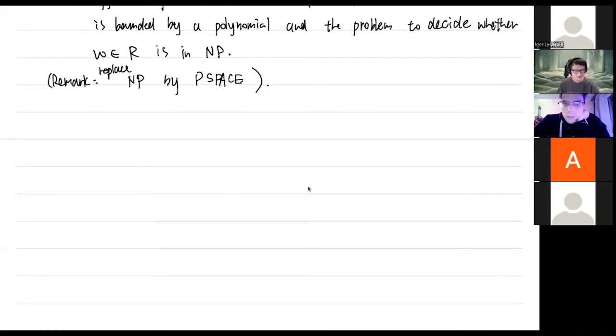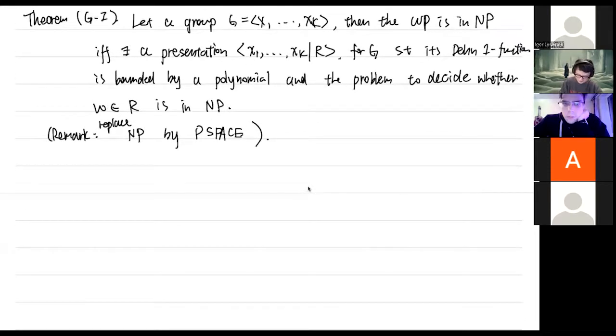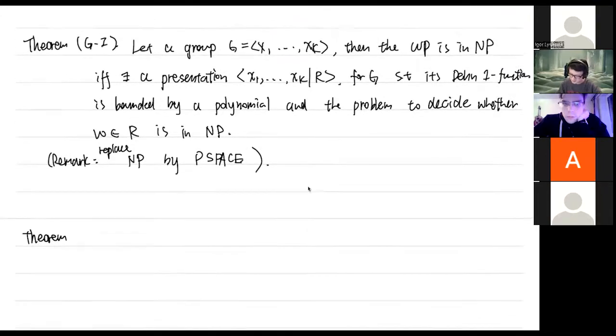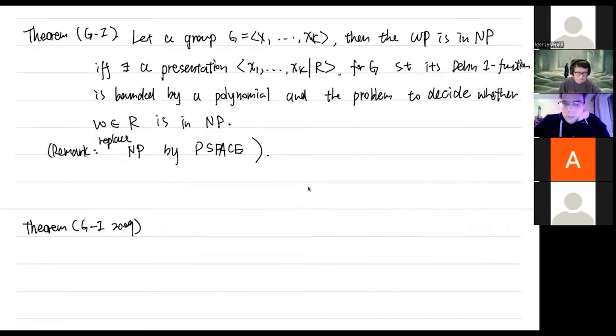One consequence of this theorem is that they actually compute, since we introduced the notion, we can compute or estimate some of them. For example, they compute it for the free Burnside group.